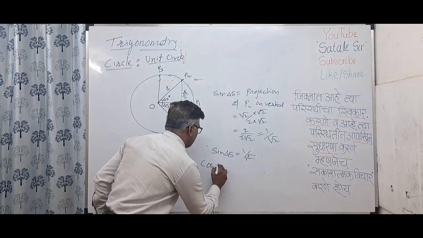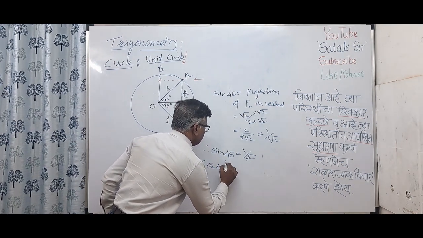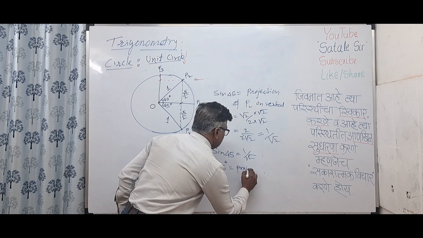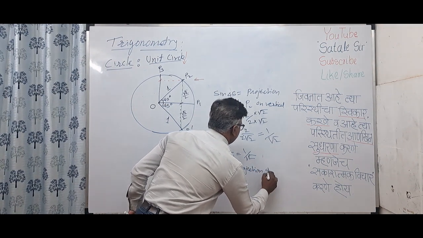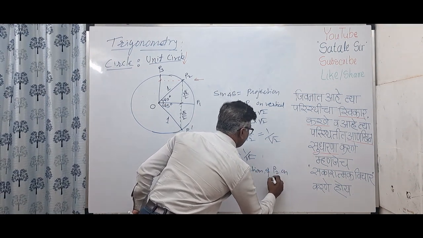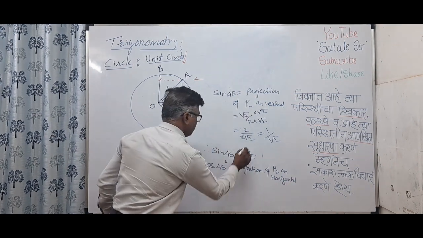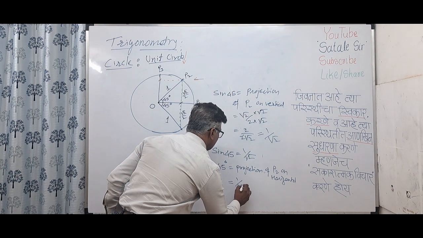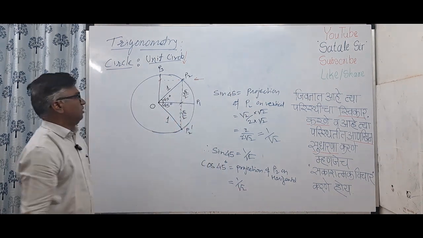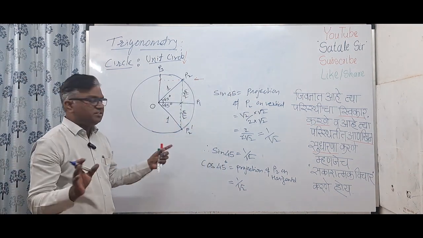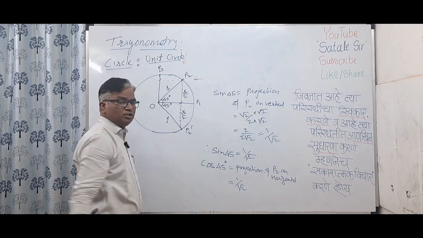Okay, so cos of 45 is what? This is equal to the projection of P2 on the horizontal line. Again, this is equal to the same value. It is 1 by root 2. You will have to just look at the figure. Then you can easily understand this is equal to 1 by root 2.